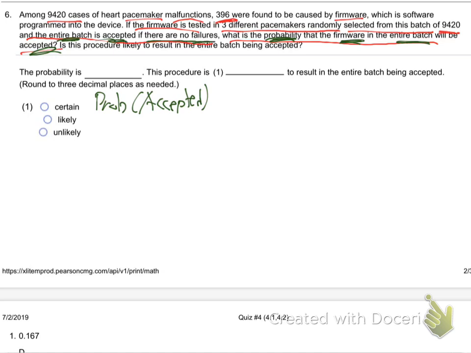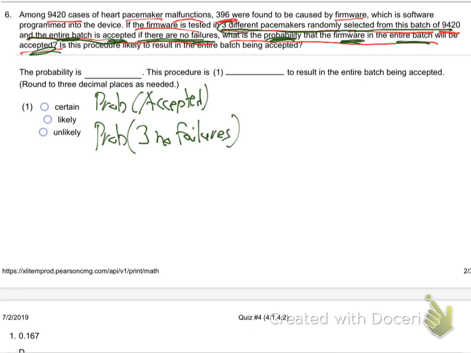No failures in what? 3 different pacemakers randomly selected from this batch. So accepted means 3 no failures. That's what they're saying, right?